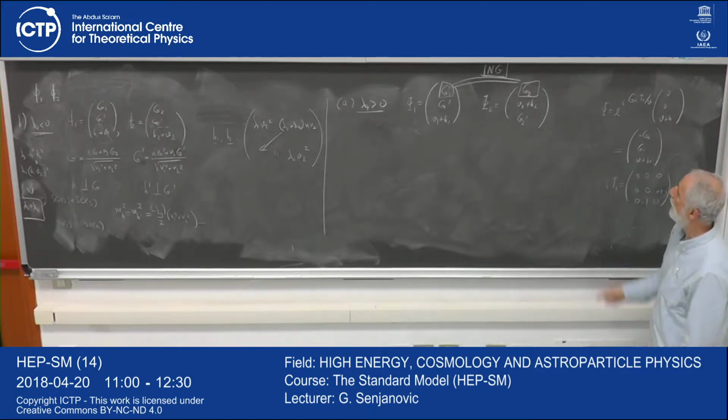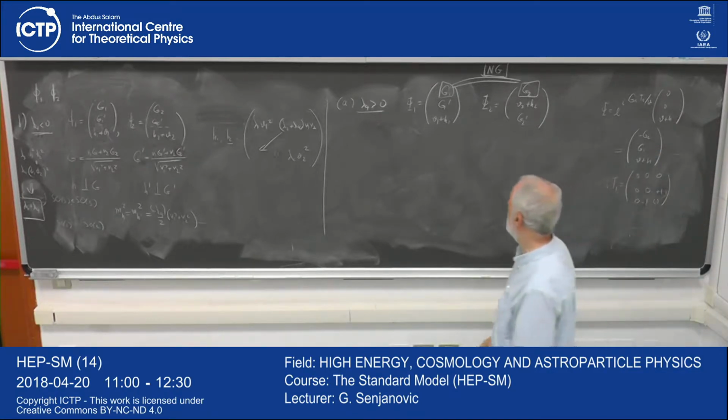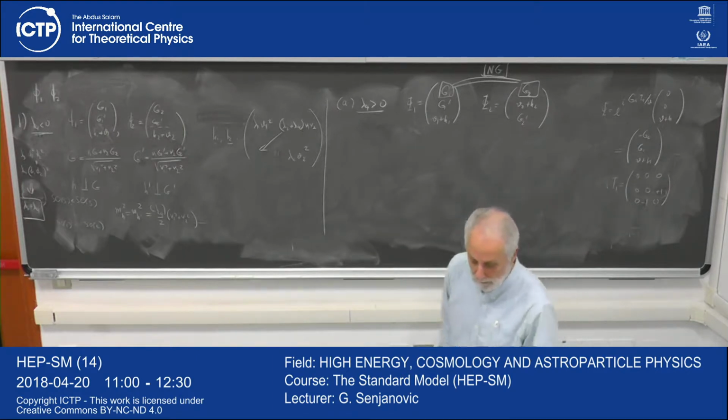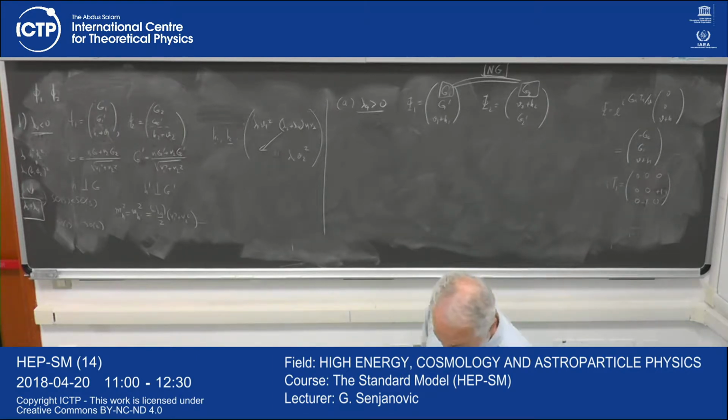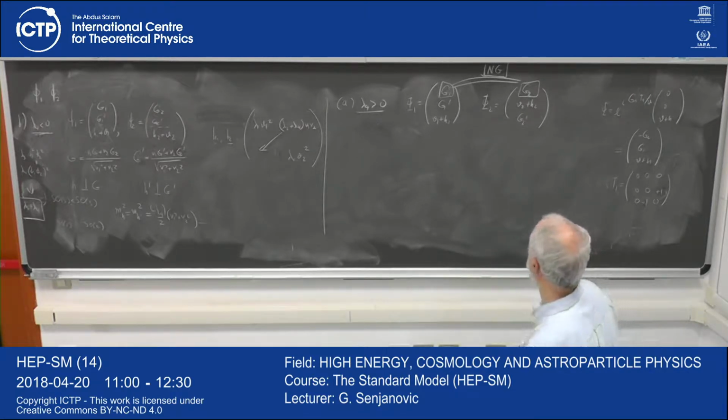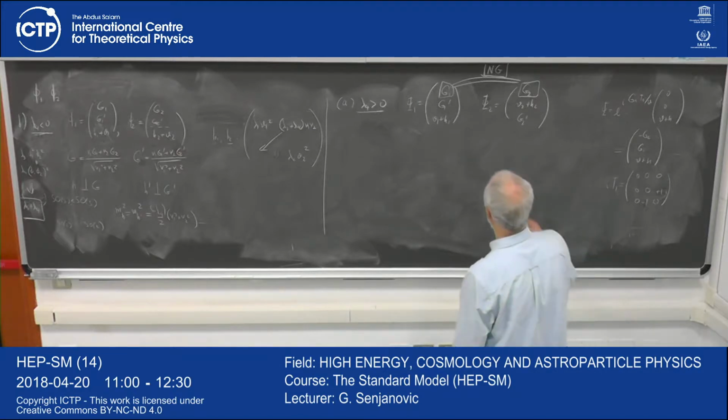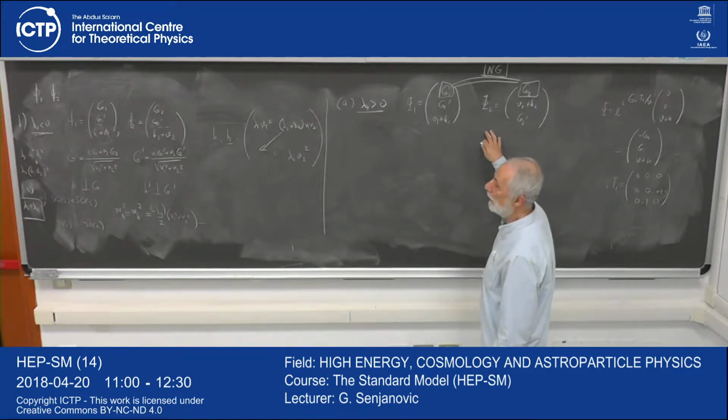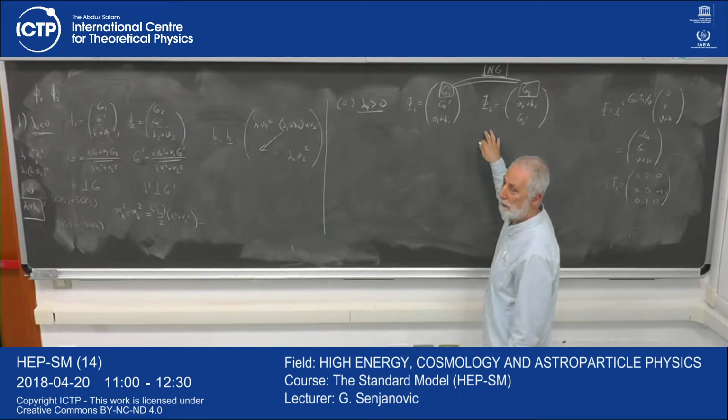And T2, you will see, gives you a sign there. Why am I saying that? Because now we know that there are 3 Nambu-Goldstone bosons, not 2. The symmetry is broken completely.